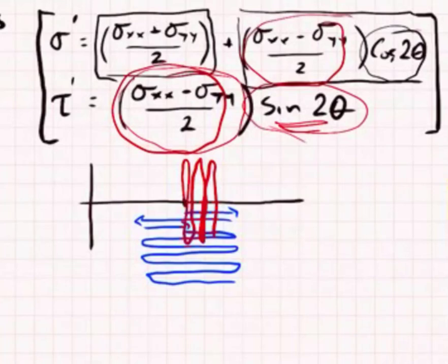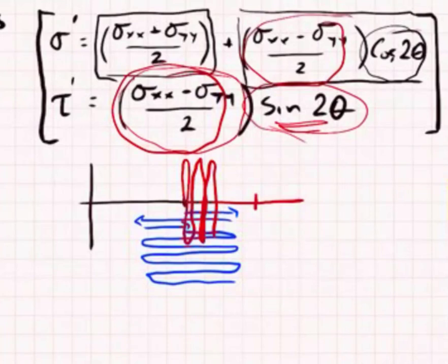Let's just quickly sketch out what that would look like. Starting with theta equals 0, the expression for sigma prime would be at its maximum value, because the second term, when 2 theta is equal to 0, cosine 2 theta will be 1, and so sigma prime will take on its maximum value. And let's just say that that's right here.